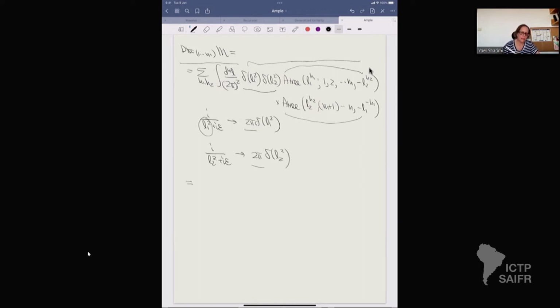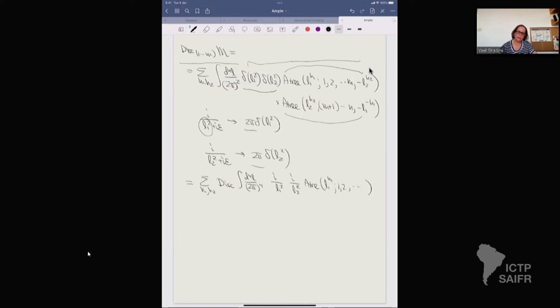So I can also write this as the sum over H1 and H2 of the discontinuity in d^4L over (2 pi)^4, i over L1 squared, i over L2 squared, A3 of L1, H1, 1, 2, and so on and so forth.